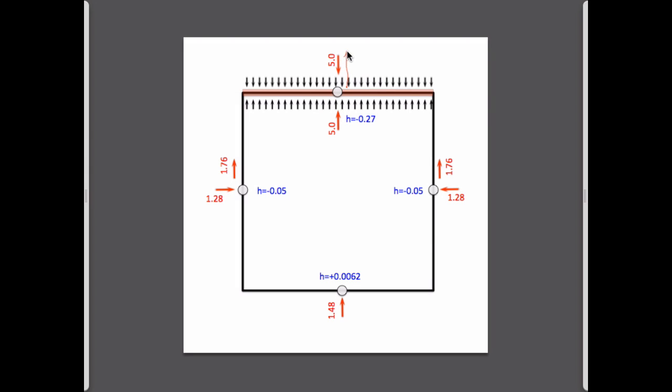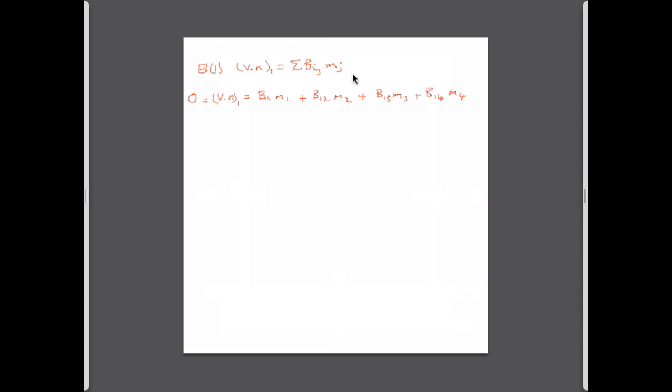This is the normal to the boundary. This is the velocity. And so the dot product of the velocity is going to be plus 5. So this is going to be equal to plus 5 times M1.